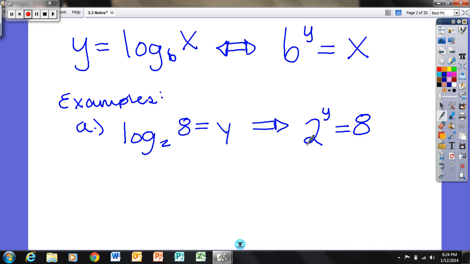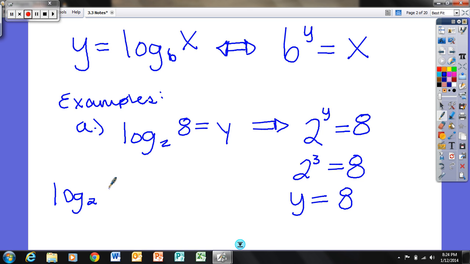So you have to think to yourself, 2 raised to what power is equal to 8? Well, we know that 2 raised to the third power is equal to 8, so that must mean that y is equal to 3. So log base 2 of 8 is 3.